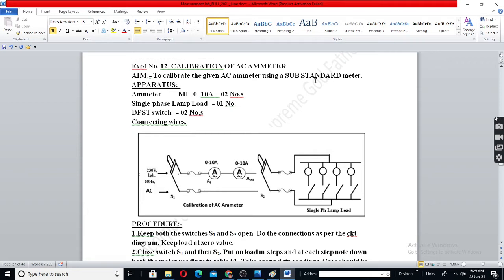So what is actually 1 meter? 1 meter is the length of a platinum iridium rod kept at some laboratory. One rod is kept in some laboratory.